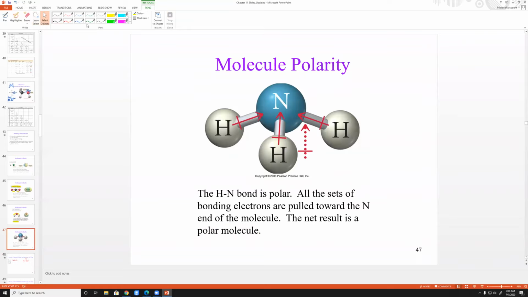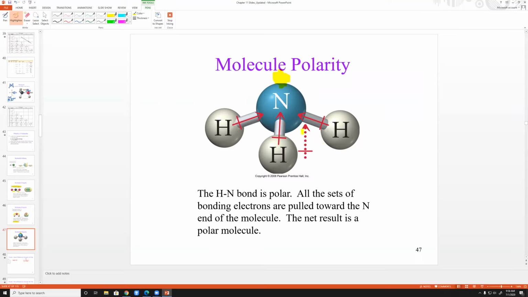Then another polar molecule is ammonia. Ammonia is polar for the same reason that water is. You're going to have a lone pair of electrons on the top, right here, and that would push down the hydrogen bonds. It would be a tetrahedral electron geometry and a trigonal pyramidal molecular geometry, meaning it's a tripod.